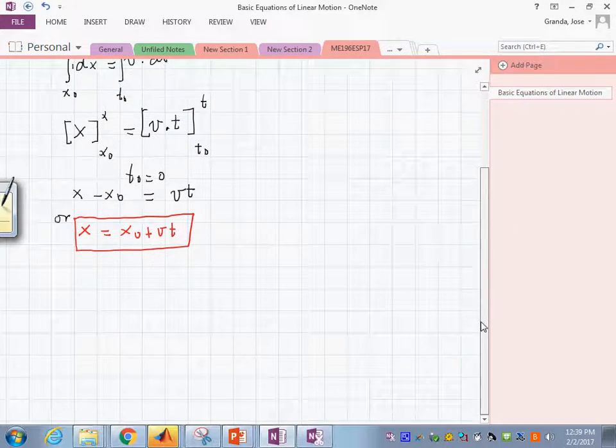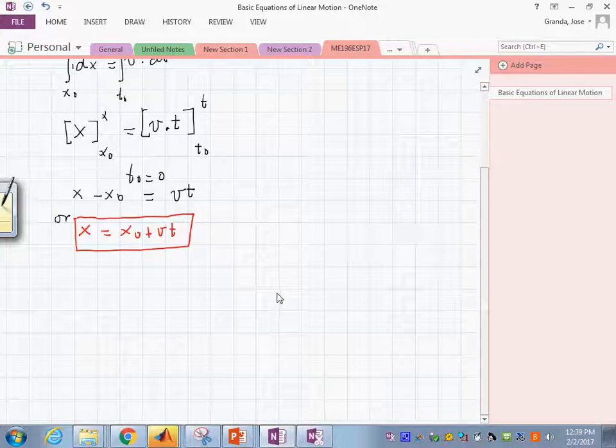If we look at the very basic concept of the definition of the velocity, we can very easily obtain this equation. So you could say that if x0 is equal to 0, then it follows that the position really is velocity times time.